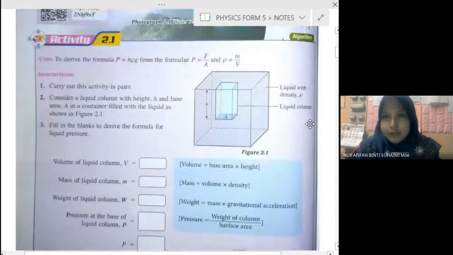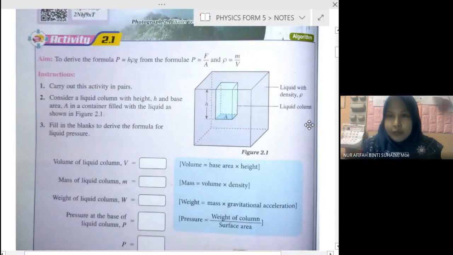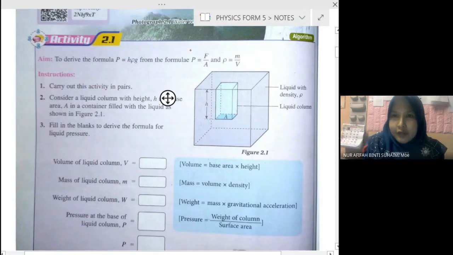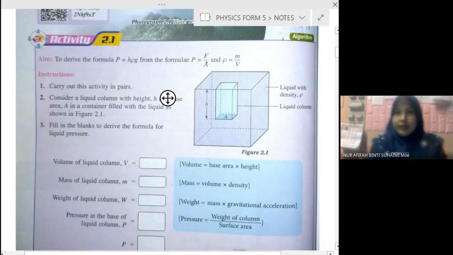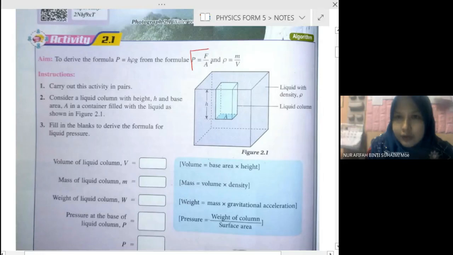Now, I thought you have learned this one. P equal to F over A. Pressure equal to force over surface area, or area in contact. Ini mesti dah belajar.